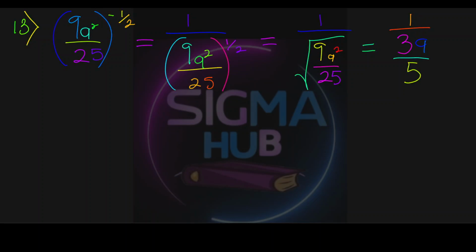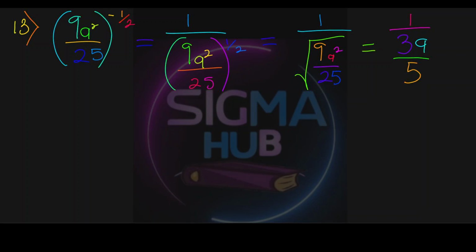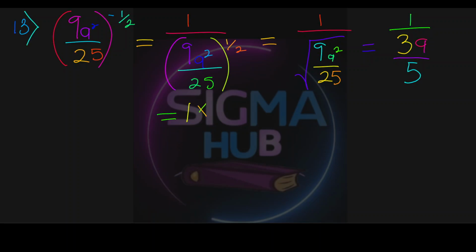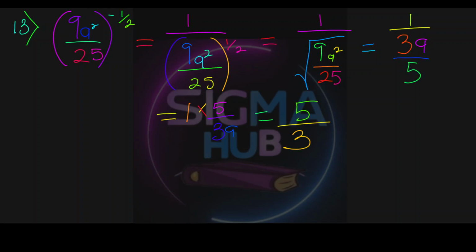Of course, we are going to be inverting 3a over 5 to become 5 over 3a because it is an inverse. 1 over is a reciprocal. So it's going to be equal to 1 times 5 over 3a. So the final answer is 5 over 3a.